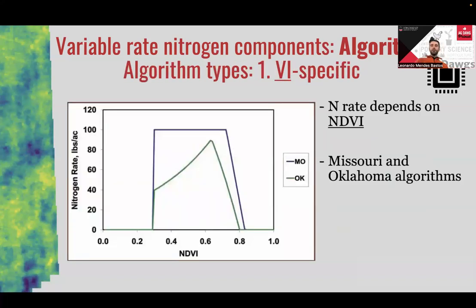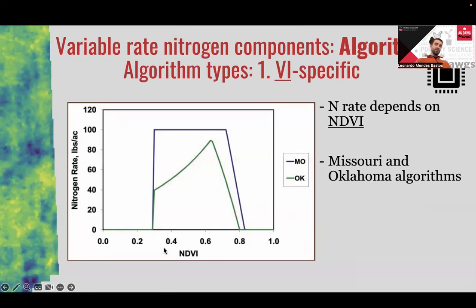So I want to show here two examples of a vegetation index specific algorithm. Here we're seeing an algorithm from Missouri and one from Oklahoma, and I believe this is for cotton. We have NDVI on the x-axis and the nitrogen rate being applied on the y-axis in pounds per acre. Under very low vegetation indices, it's not applying any nitrogen.